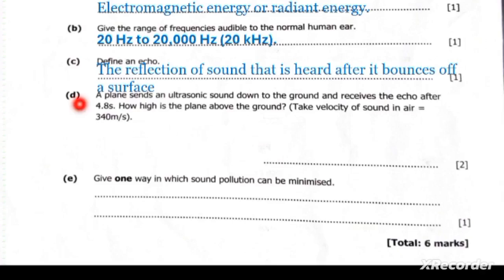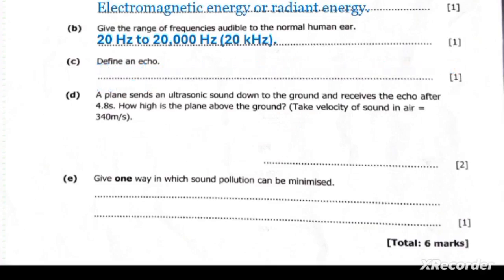We move to D. A plane sends an ultrasonic sound down the ground and receives the echo after 4.8 seconds. How high is the plane above the ground? Take velocity of sound in air to be 340 meters per second.